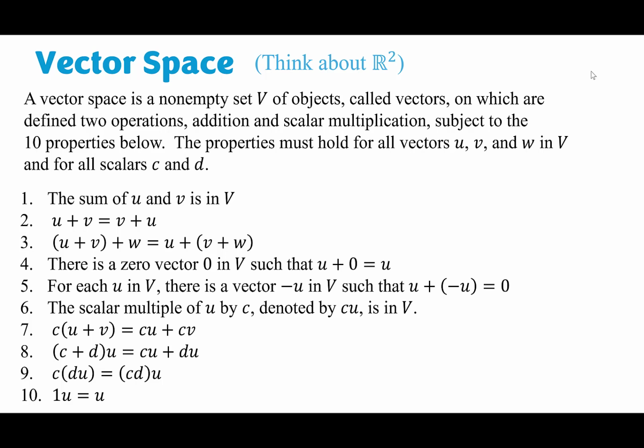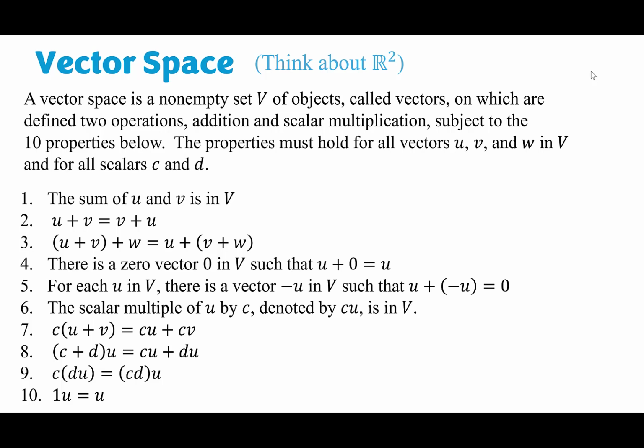Before I go through all of these properties, keep in mind that if you have a set of objects that satisfies all these 10 properties, then we'll be able to do pretty neat things that we'll see later on in the course. That's the reason why we're going through these details, these properties of a set of objects.